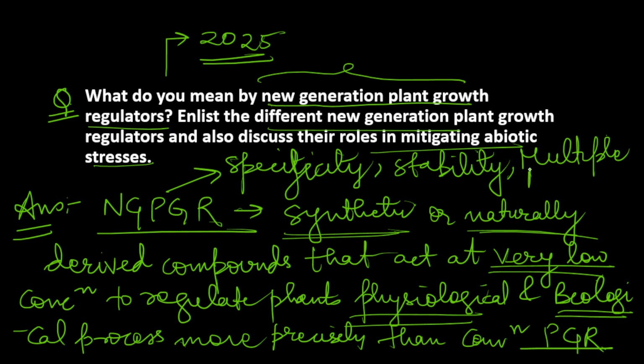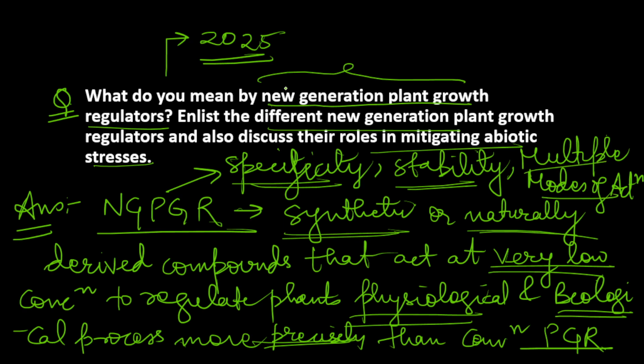So these are the properties of new generation PGRs which you can mention here. They are very precise, very specific, very stable, and they have multiple modes of action. So this is the framework you can use in explaining what new generation plant growth regulators are. Now we should directly move to the second part of the question, that is we have to enlist different new generation plant growth regulators.